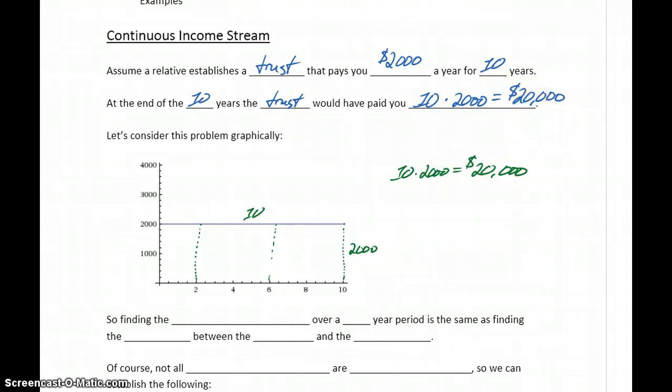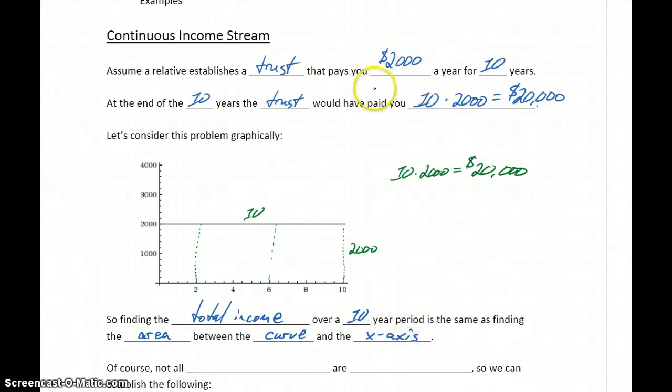So in finding the total income over a 10-year period, essentially what we did is just found the area between the curve and the x-axis.